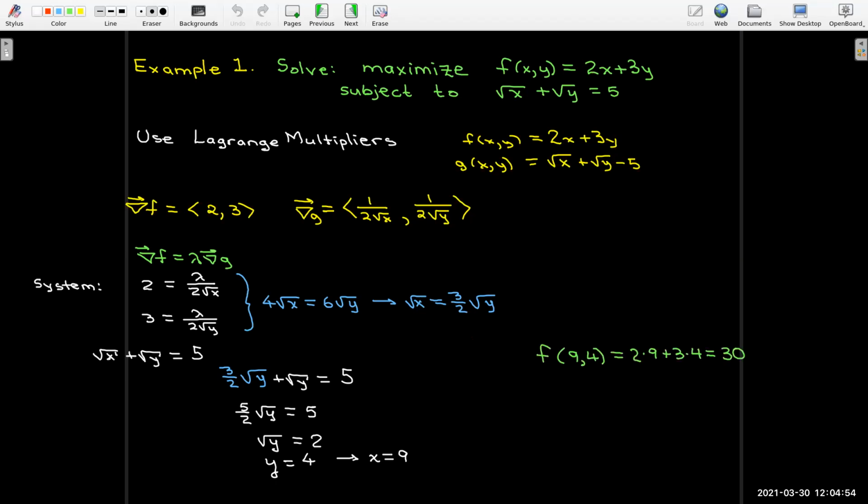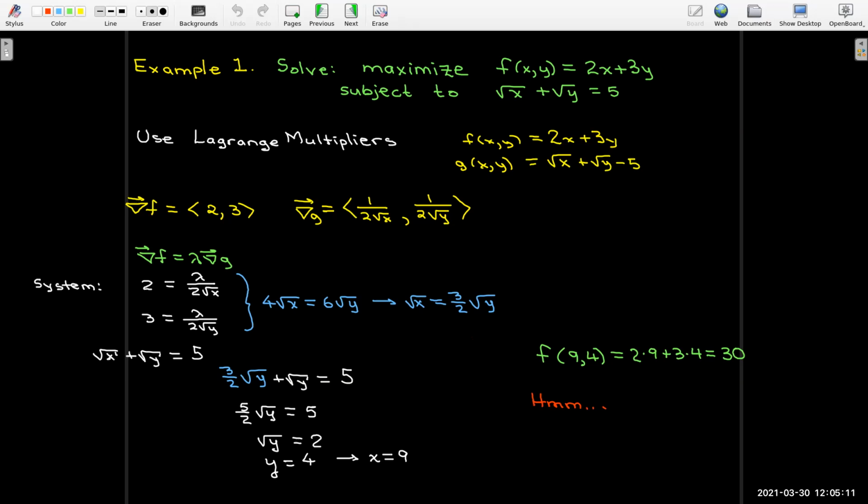So my solution here, my candidate solution, would be that the maximum value would be 30. But wait a minute here.